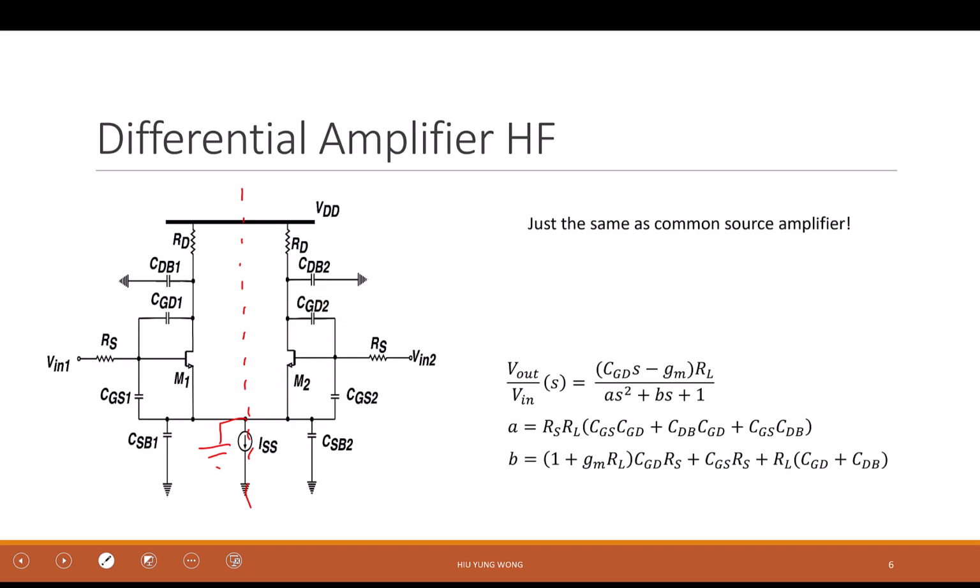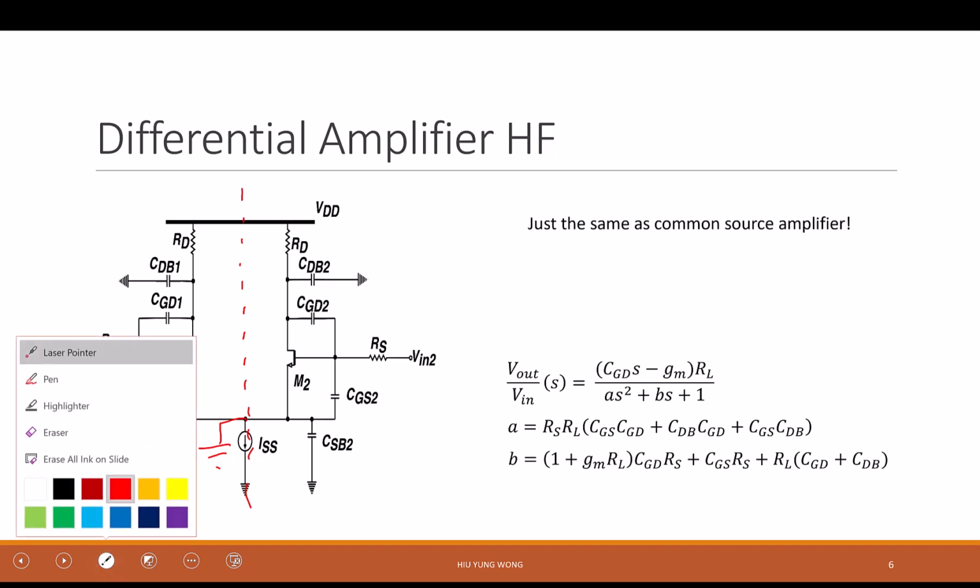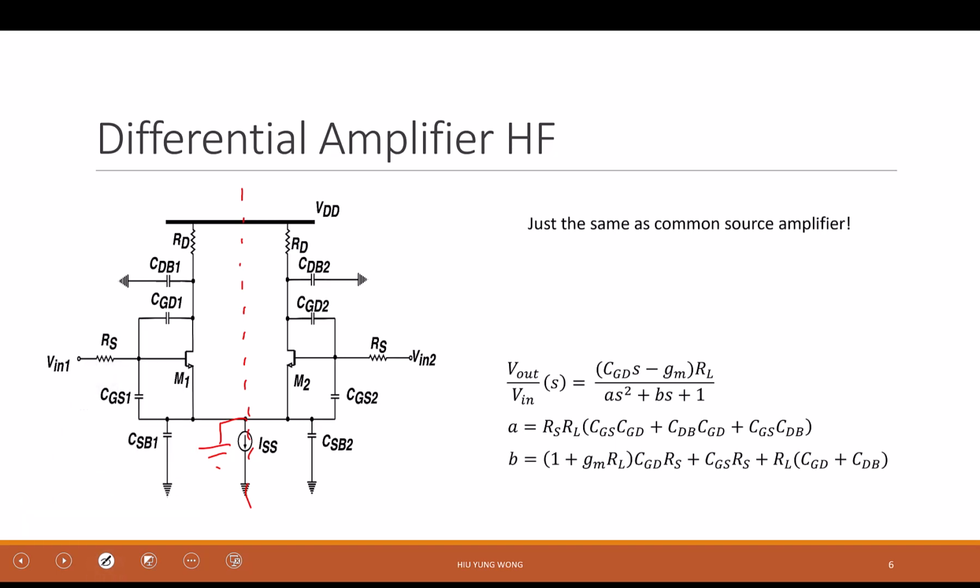Now, if I try to change it to a differential pair of Cascode, a Cascode circuit in differential pair, or Cascode differential pair, remember that one? We have learned that, right? If you forgot, let me draw it. I just assume I have an ideal current source. We studied that before.